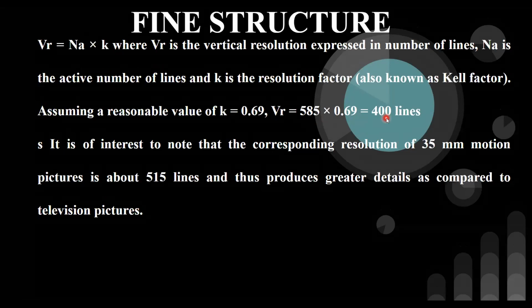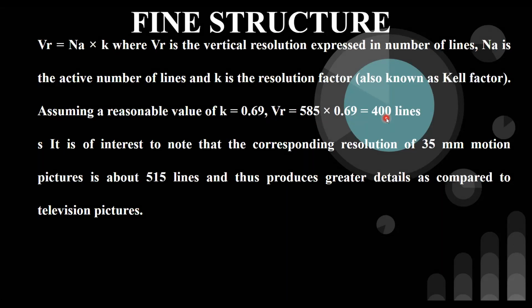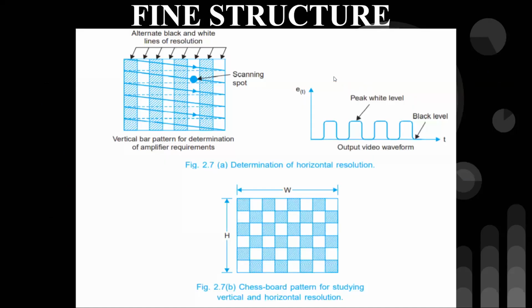What is the key point from this answer? To meet this 400 lines system, 35 motion pictures are required, about 515 lines, so that it produces greater detail compared to the TV picture. So that is how you obtain the value.